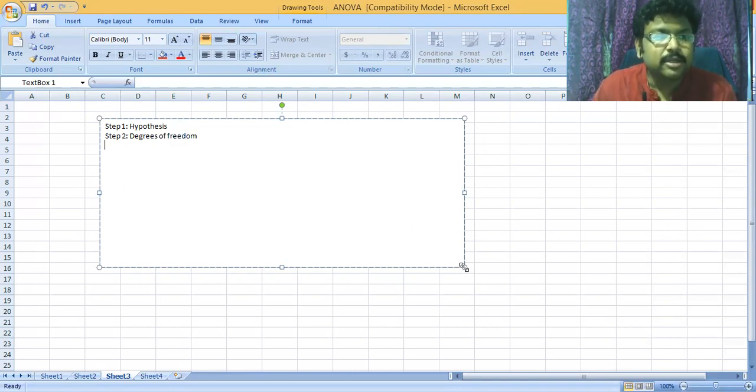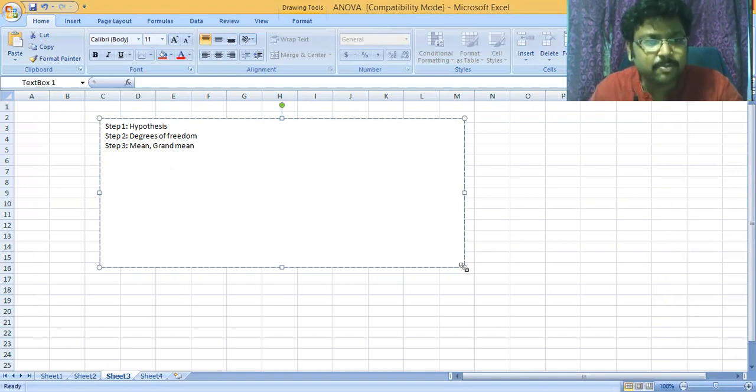In the third step, there is a calculation of mean, and you can say the grand mean, and sum of squares: sum of square within, sum of square between, and sum of square total.